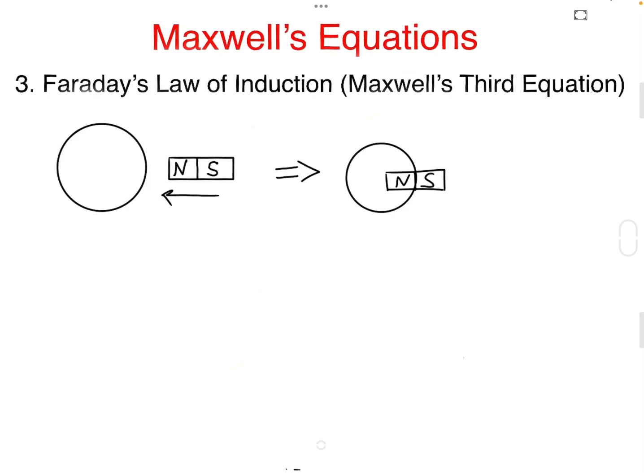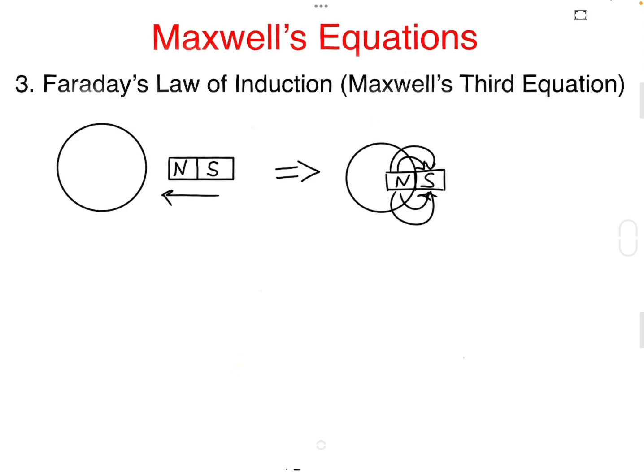If you see my previous video about Maxwell's second equation, it has this magnetic field that goes from the north pole to the south pole. So that magnetic field increases the magnetic flux through the ring, and the change in the flux actually induces an electric field around the ring.